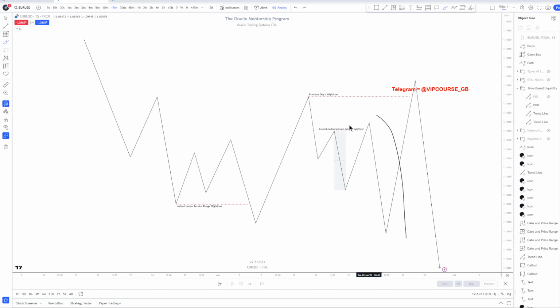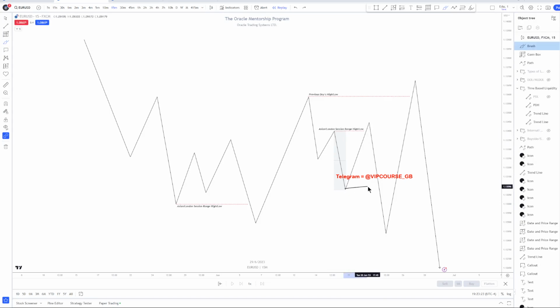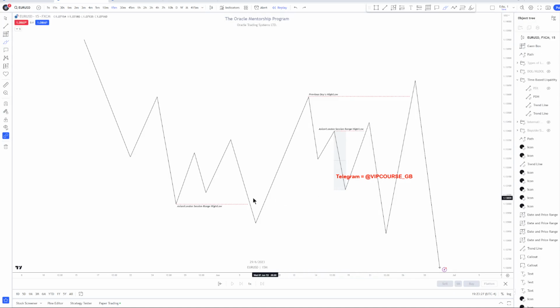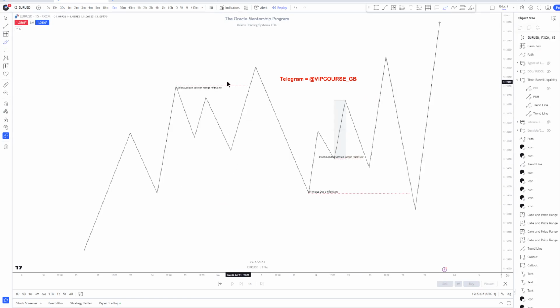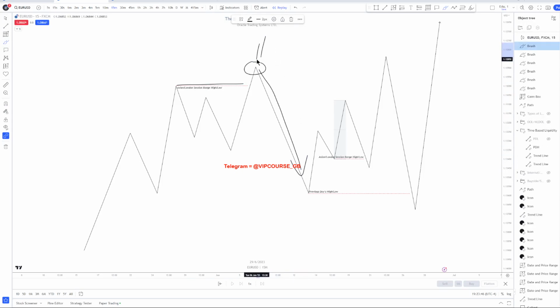Something very important about this is that we only look at this if it is in line with our bias. So if we expect lower prices, we'll look for a manipulation of the high to take us lower. If we expect lower prices and price pushes below the low, we ignore it because it's not in line with our bias. If I invert the chart now, for example here, if we expect lower prices from here, we can manipulate a high above this and expect lower prices and potentially look for trades.